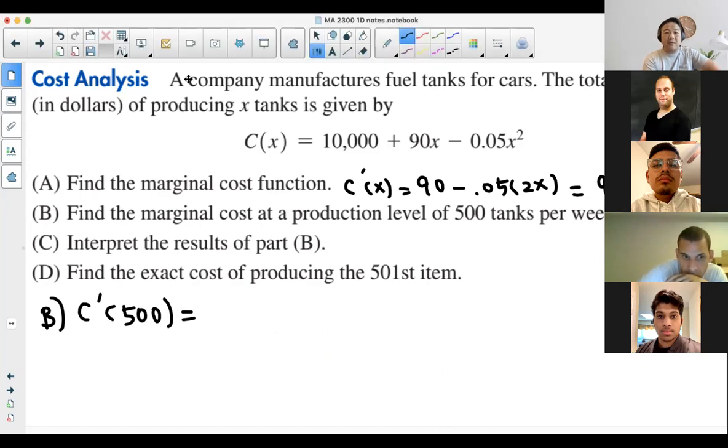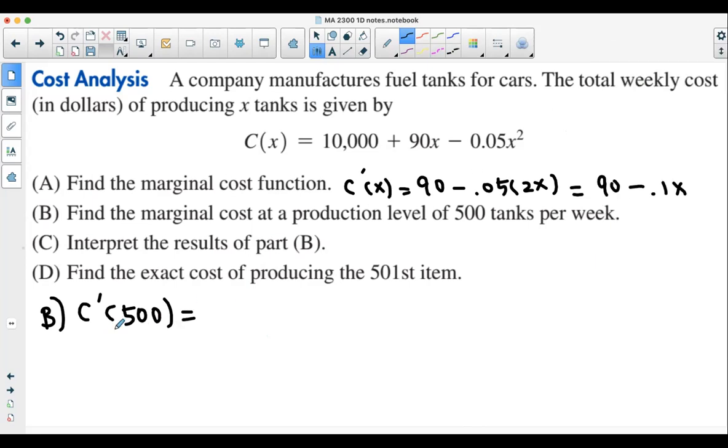All right, so C prime of 500 is, I'm just going to plug in 500 in place of x's. So we get 90 minus 0.1 times 500. So this becomes 90 minus 50, which is equal to 40.